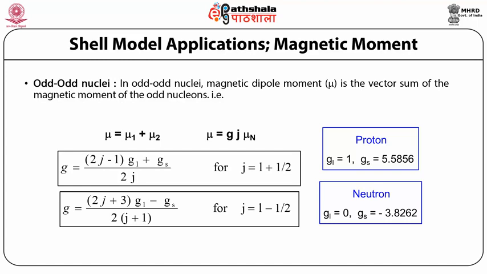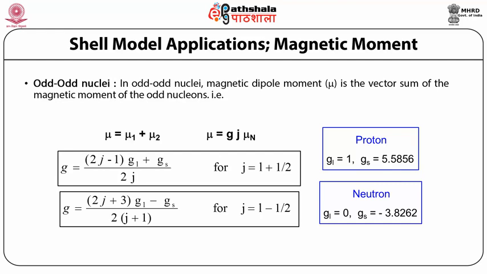Now, for two different situations, when the odd proton and odd neutron spins are parallel, in that case G is equal to [(2j minus 1) Gl plus Gs] upon 2j, for j is equal to L plus half, and G is equal to [(2j plus 3) Gl minus Gs] upon 2(j plus 1), for j is equal to L minus half.